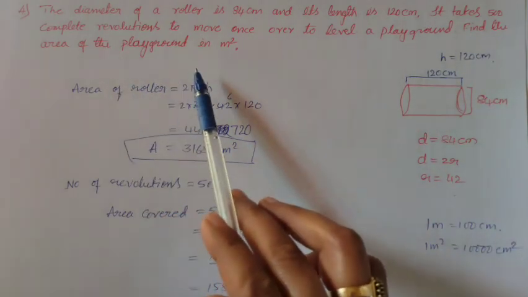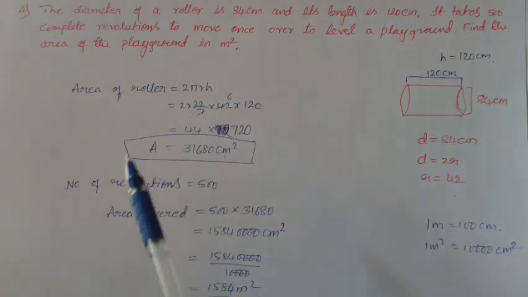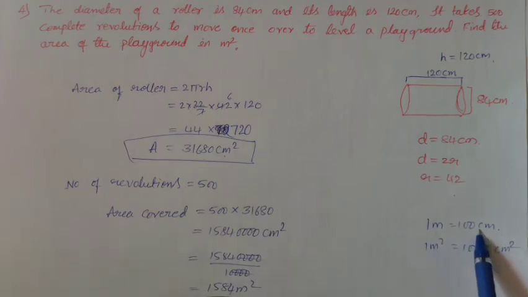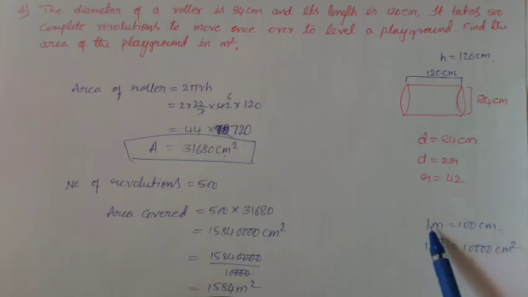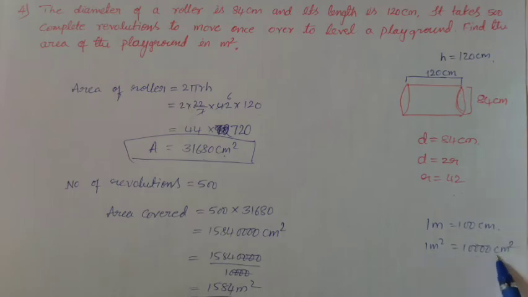Find the area of the playground in meter square. You can see, 1 meter is 100 centimeter, so 1 meter square is 10,000 centimeters square.